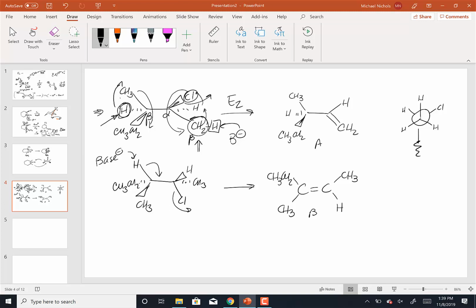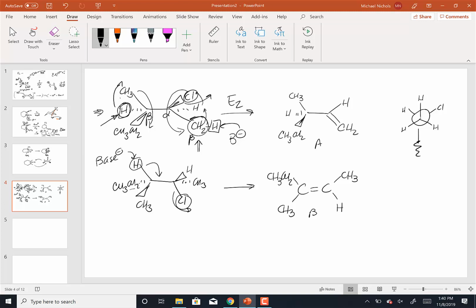To me starting out, this is the easiest way to see that those groups are anti-periplanar. But if you have over here the hydrogen dashed and over here the leaving group bold, or over here the hydrogen bold and the leaving group dashed, that would also make those anti-periplanar.